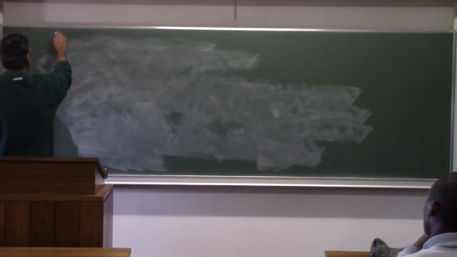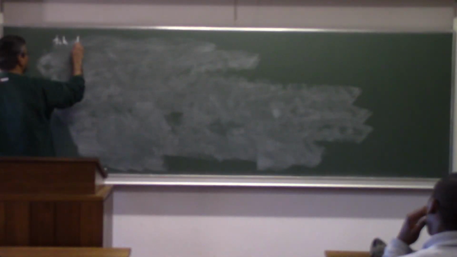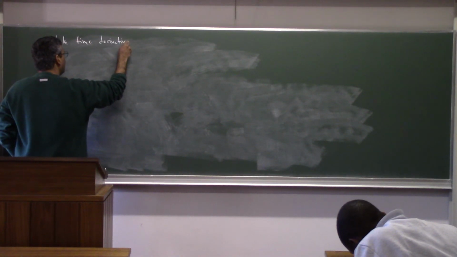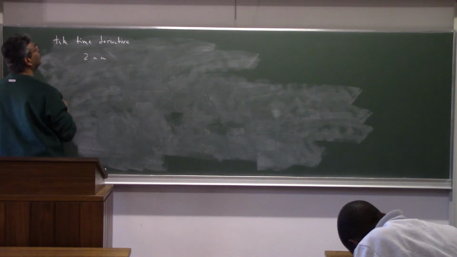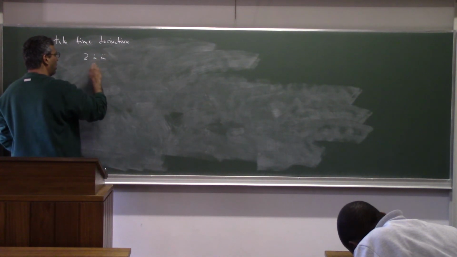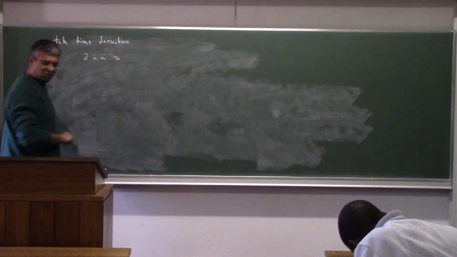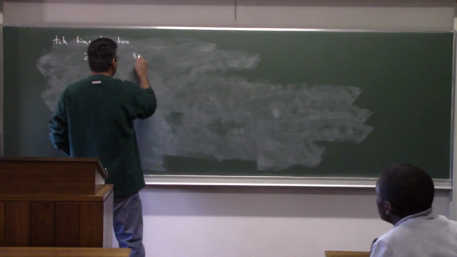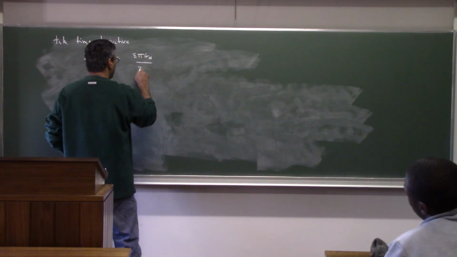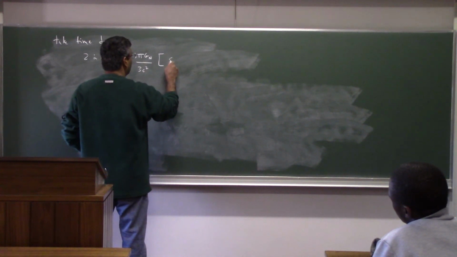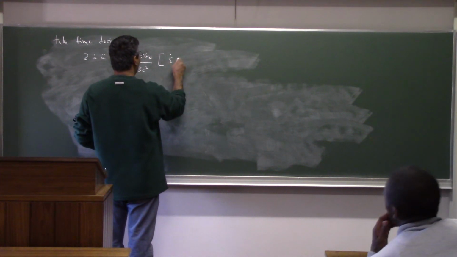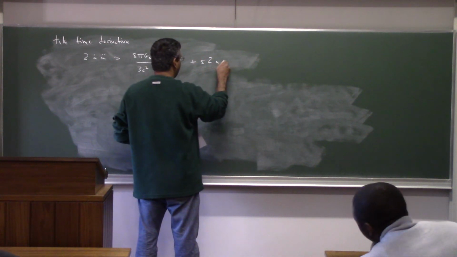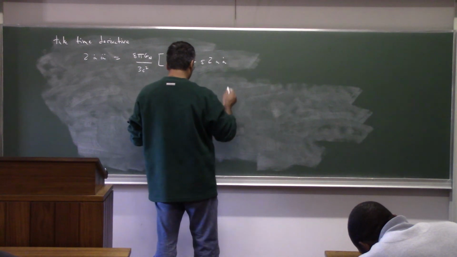We take the time derivative. So we have 2 a dot a double dot is equal to 8 pi G Newton over 3c squared times epsilon dot a squared plus epsilon 2 a a dot.